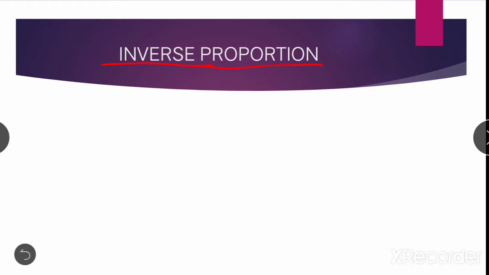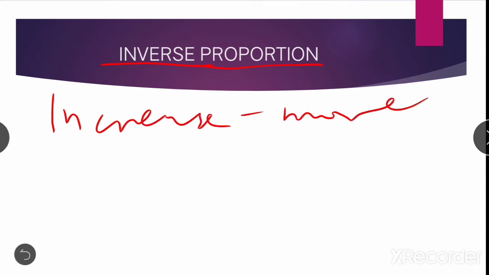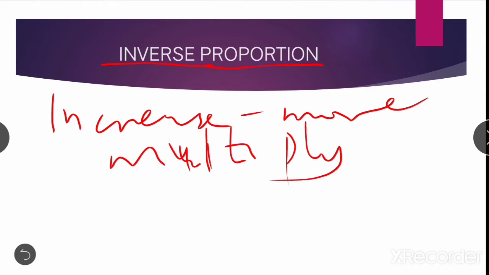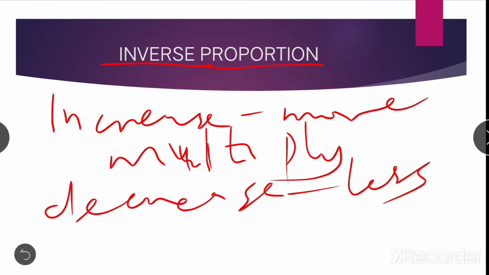Now when a quantity increases, that means it's more, and for more we multiply. Anytime a quantity increases, you multiply. Then when it decreases, that means you have less of it. For less we divide.